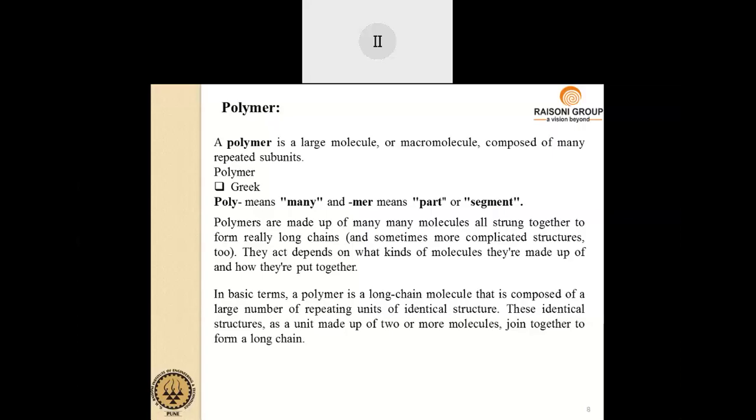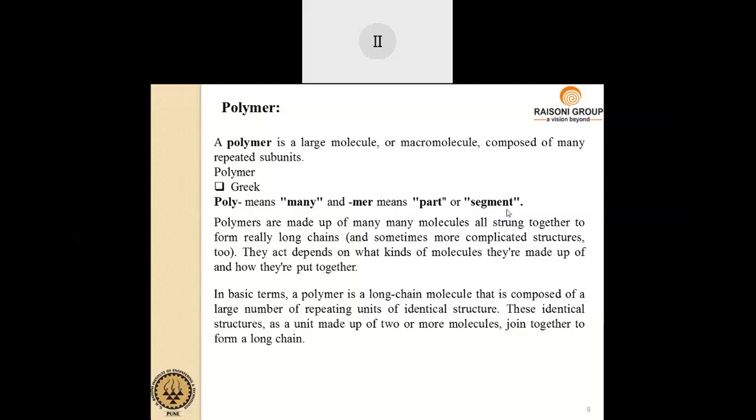So polymers are made up of many molecules which are strung together to form really long chains and sometimes more complicated structures. Complicated structures means more complicated than those small segments.